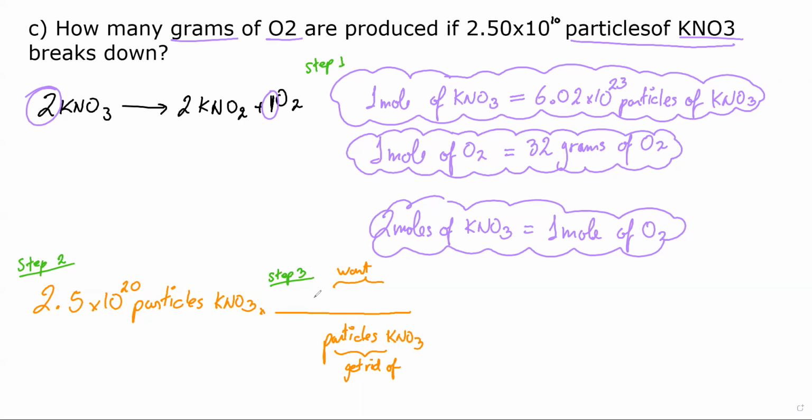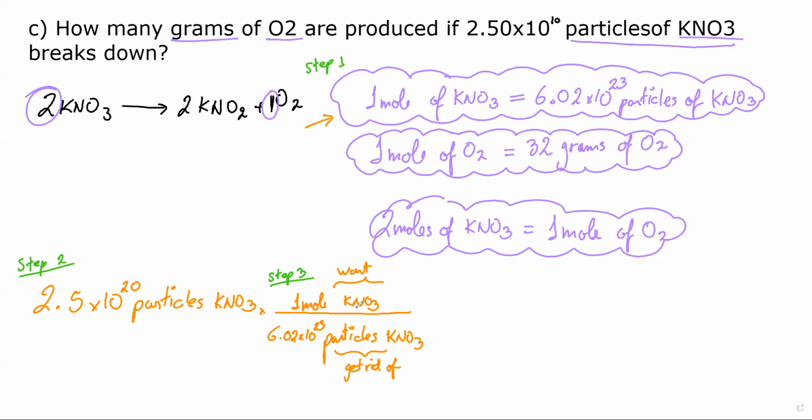And the relationship that you know between particles is found here. 6.02 times 10 to the 23 particles of KNO3 is equal to 1 mole of KNO3. When you do this, you will get 1 mole of KNO3 because the particles of KNO3 will cancel out.